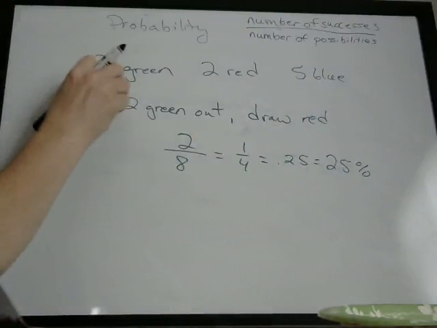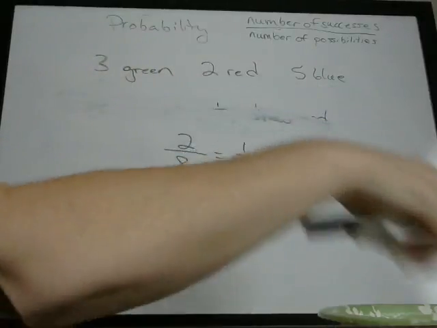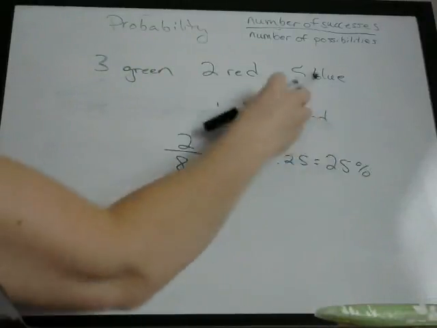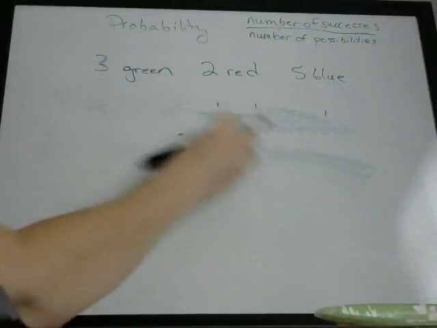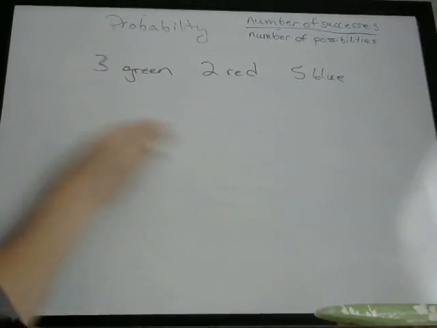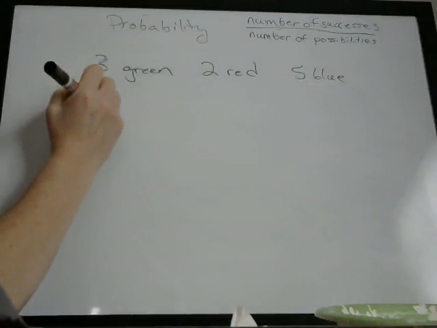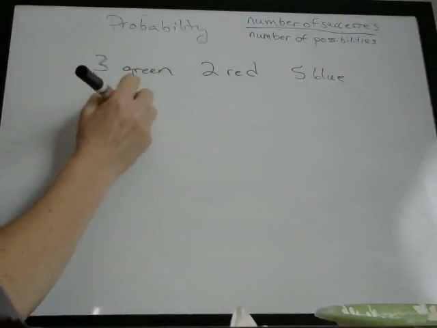Another common question will be, we'll go back to having 3 green, if you draw 2 times in a row. So let's say, what's the probability of drawing a green?